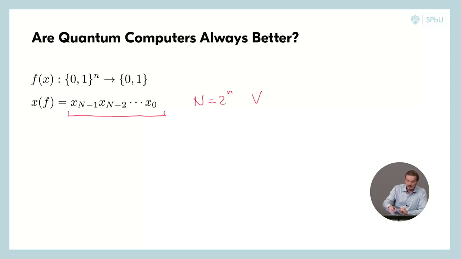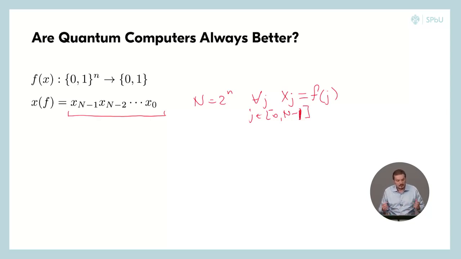For any index j, xj equals the value of the function on this value j, and j runs from 0 to 2^n minus 1. So this is our very long string of bits.